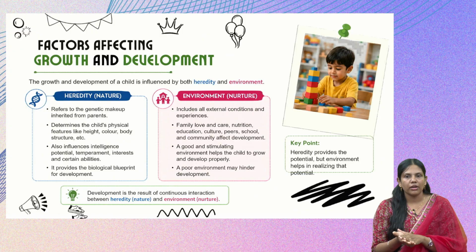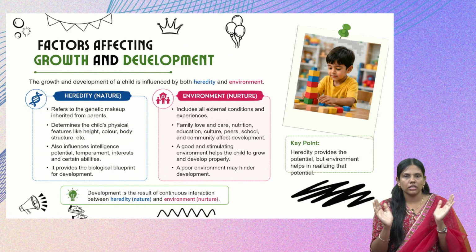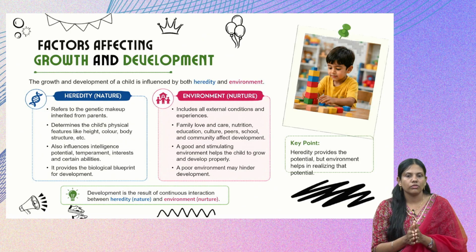But what is environment? It includes all the external conditions and experiences you are getting: family love, care, nutrition, education, culture, peers, and the social community that affect development. If the child gets good, stimulating experiences, they will develop more properly. A poor environment may hinder development. So nature is the biological aspect, and nurture or environment is all the external conditions around the child.